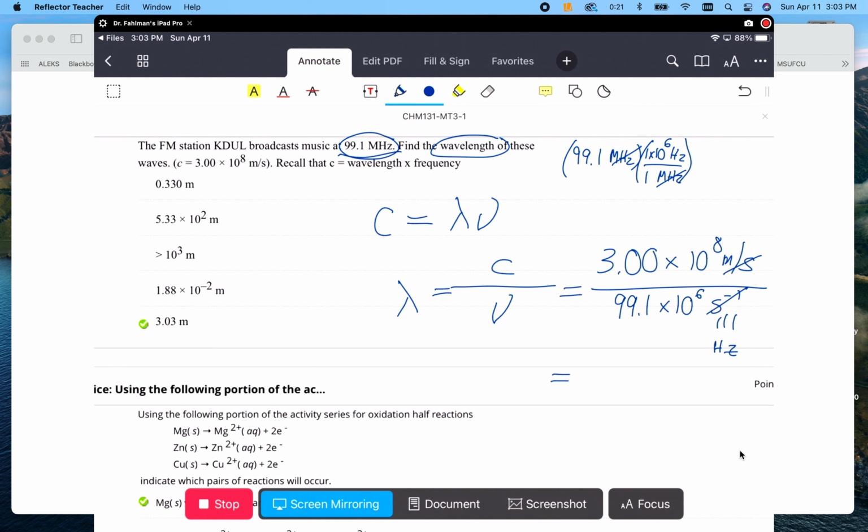And so we end up with 3 times 10 to the 8th. If I do it in the calculator, 3 e to the 8th, divided by 99.1 e to the 6th, we have 3.03, and the units are meters.